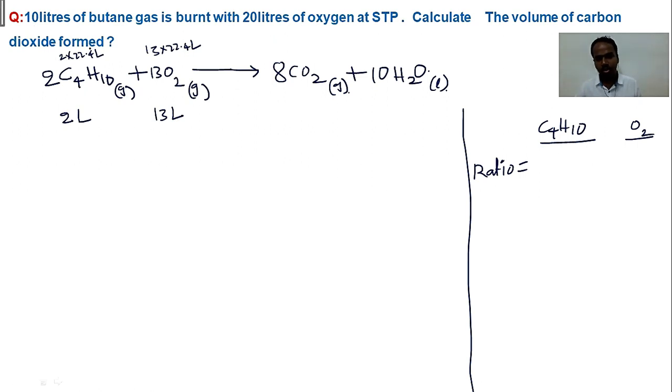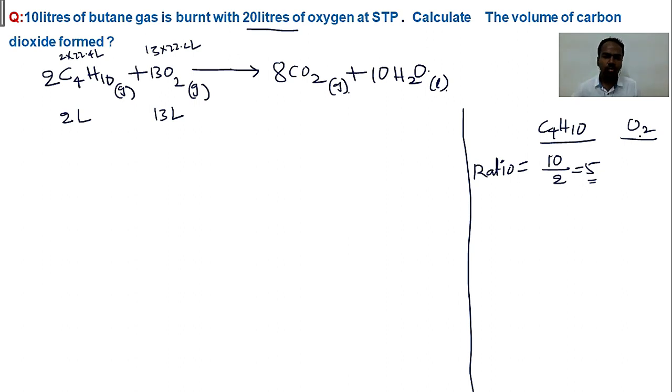Now directly you can take the 10 liters also like 10 moles only. How can you find the ratio? The number of moles is given. Okay, directly take the 10 liters as 10 moles. Then 10 by the stoichiometric coefficient in this equation, which is 2. That is 5.